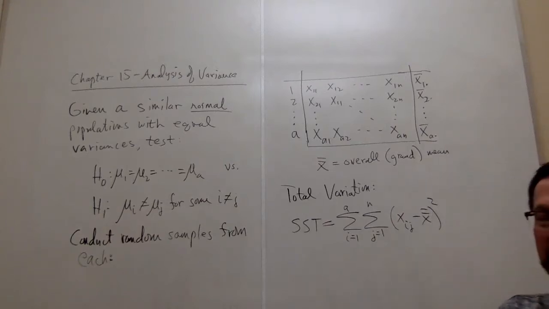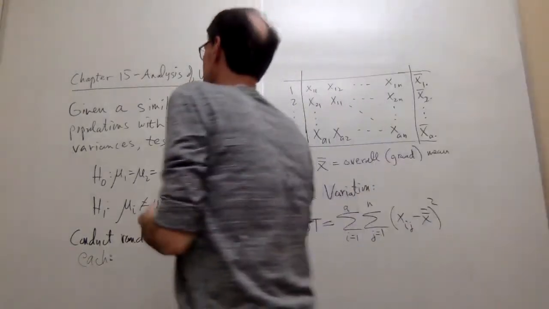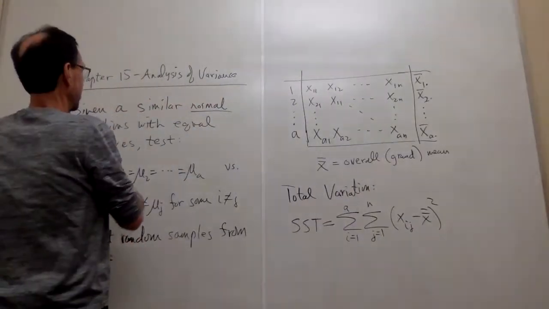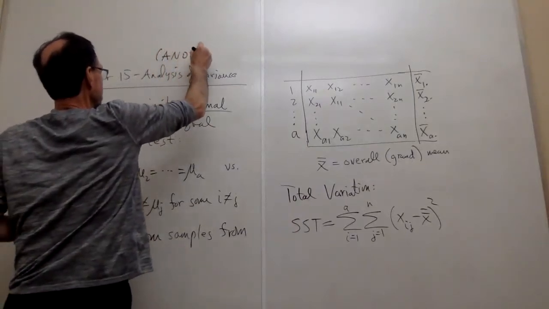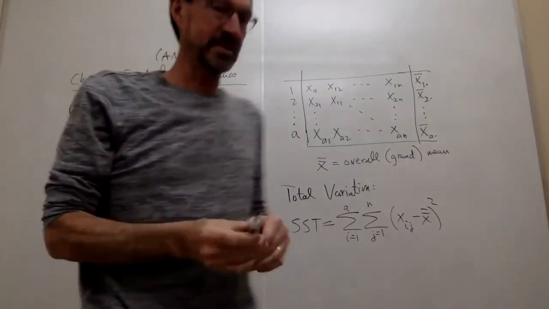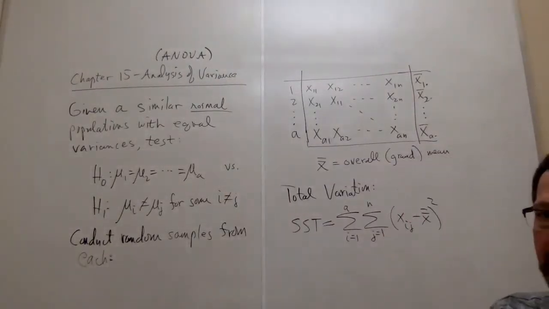So I want to move on to a new chapter today, chapter 15. The topic here is called analysis of variance. And because that's a mouthful, it gets abbreviated ANOVA, analysis of variance. So I'll talk about the idea of the sorts of tests that we can run with analysis of variance.